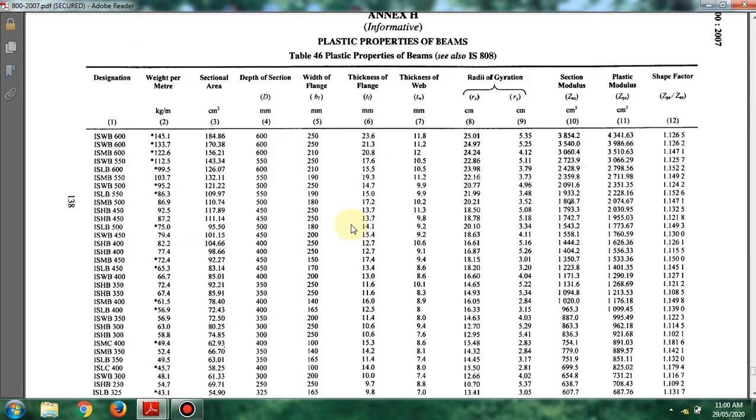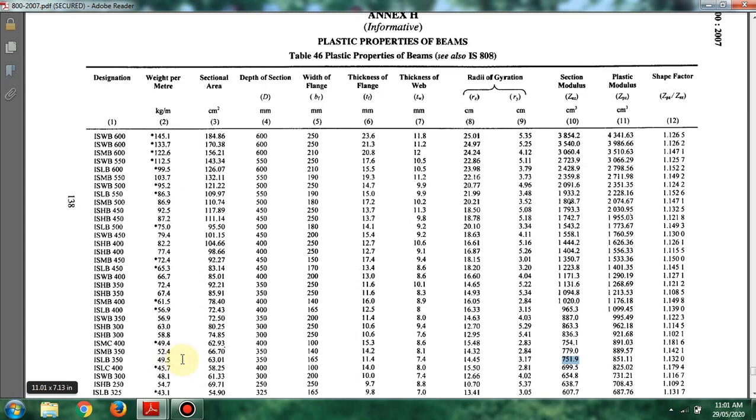Next we have to write the properties ZE and ZP, the elastic sectional modulus and plastic sectional modulus. These ZE and ZP are there in IS 800 2007, page 138. If I take page 138, ISLB 350 is given.